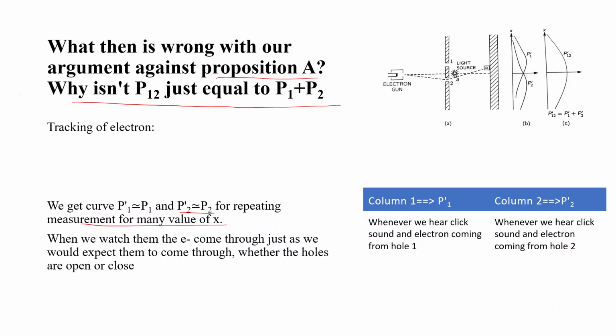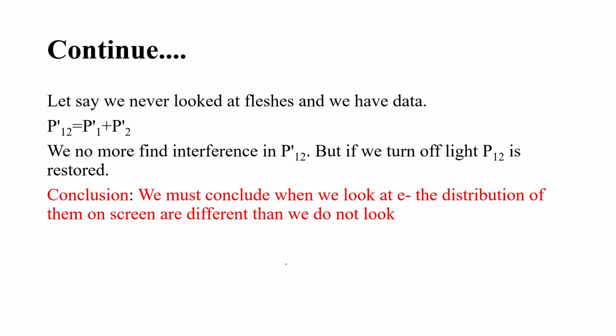Here in column 1 we take a record whenever we hear a click sound and the electron is coming from hole 1, and in column 2 whenever we hear a click sound and the electron is coming from hole 2. So when we watch them, the electrons come through just as we would expect them to come through, whether the holes are open or closed. So let's say we never looked at the flashes and we only have the data.